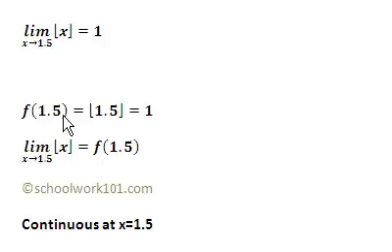We have f of 1.5, and so we plug 1.5 in, and we also get 1. So since these are both equal, they both exist and they're both equal, then we can say that this is continuous at x equals 1.5.